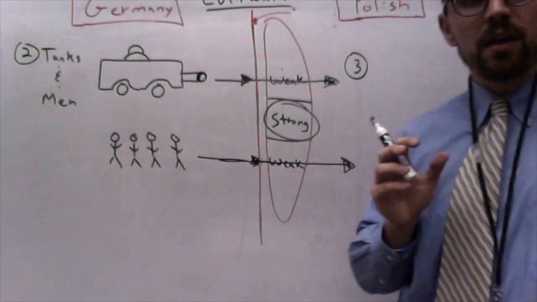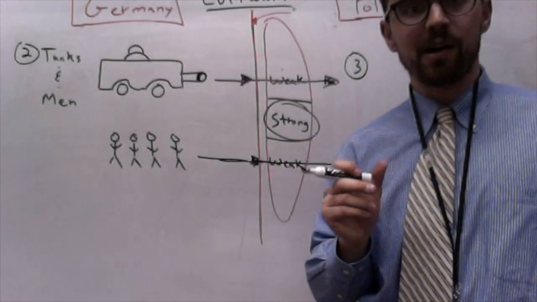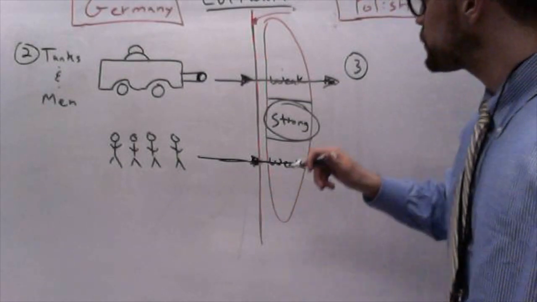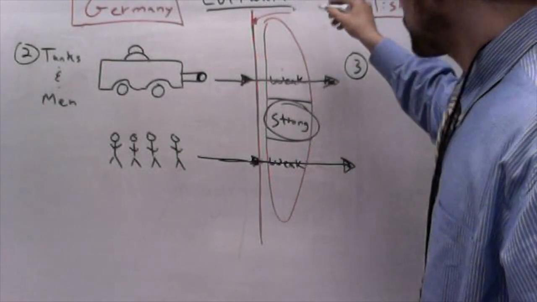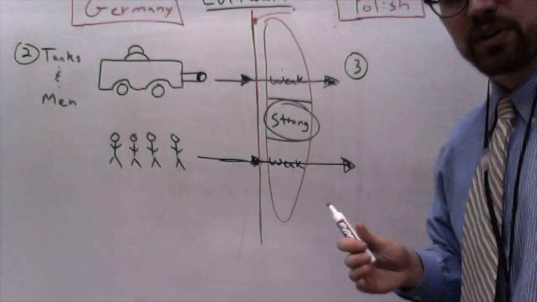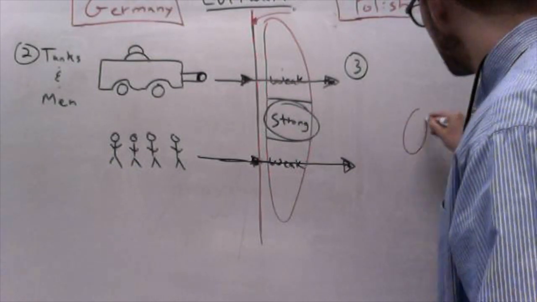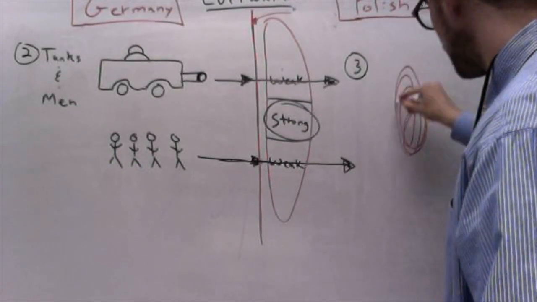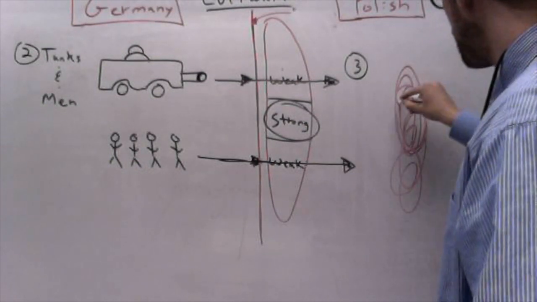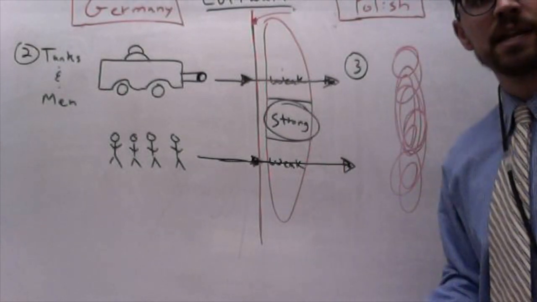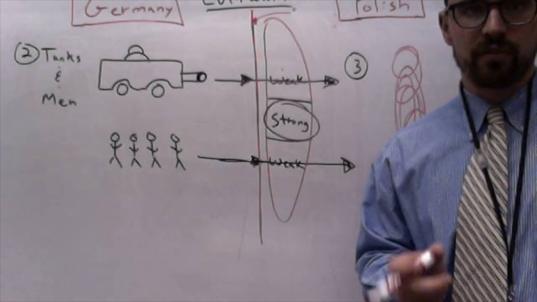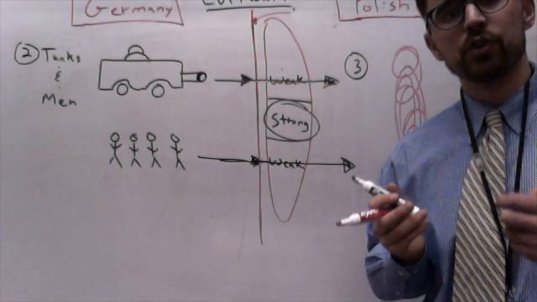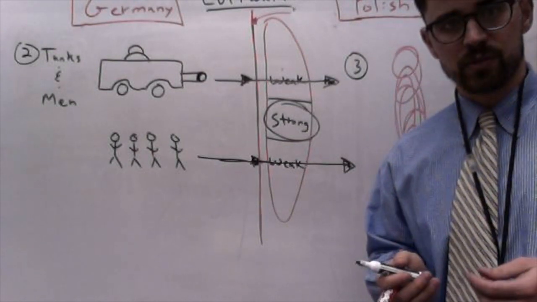Now, the next thing that the Luftwaffe, the German Air Force, does: say that, for instance, there are Polish reinforcements back here. So all in the back of this line, there are Polish reinforcements. So more troops and more tanks.